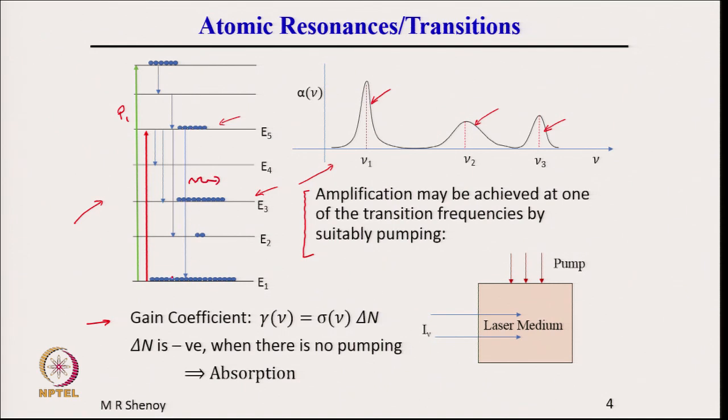For example, from here to here a transition comes like this, then photons are emitted around a certain frequency. These resonances in the spontaneous emission spectrum correspond to these specific transitions.